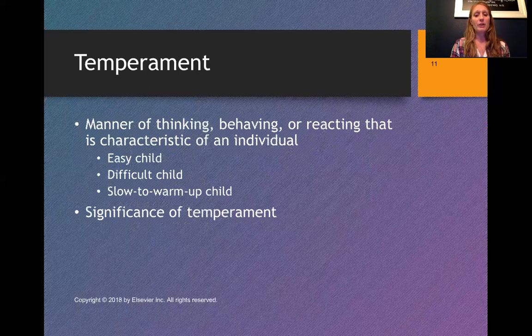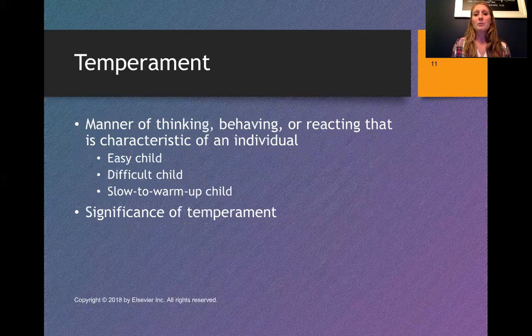Parents can become very distraught with a difficult child. And our role from a nursing perspective there is to educate the parents that they are not doing anything wrong, that their child has a difficult temperament and it's going to take a little bit more time to process different things, but that the parents themselves are not doing anything wrong.